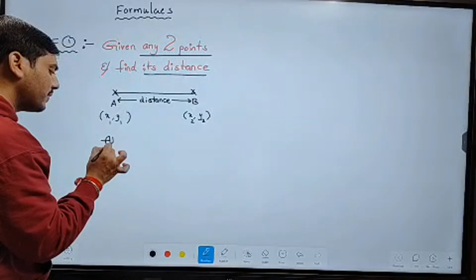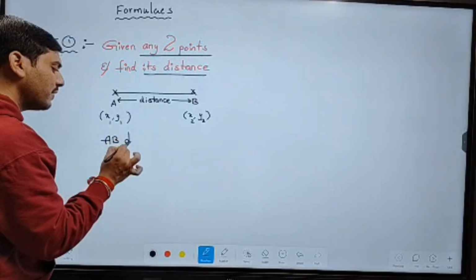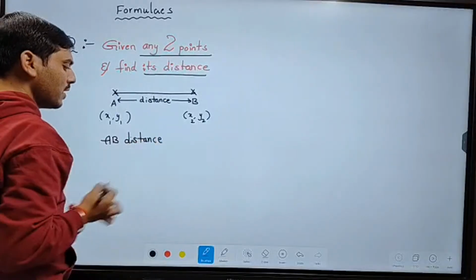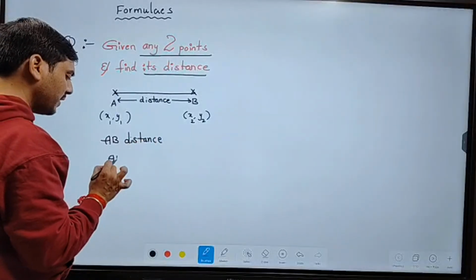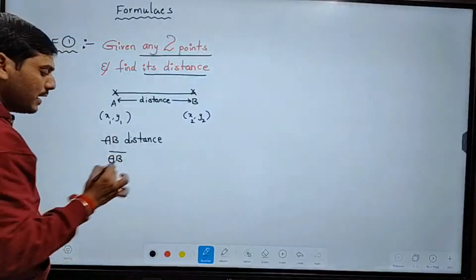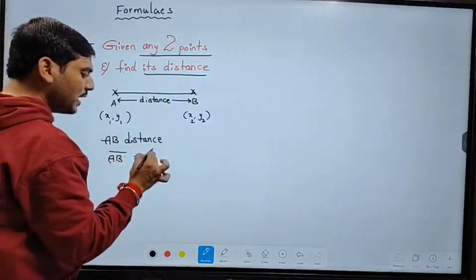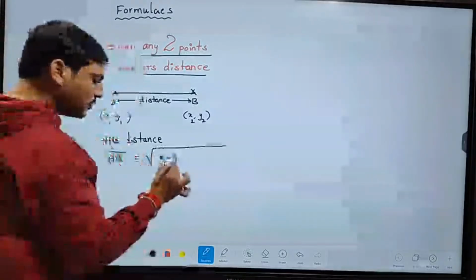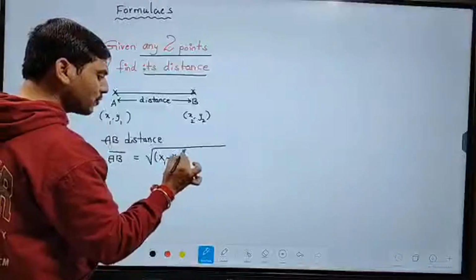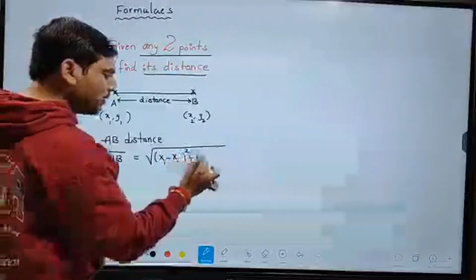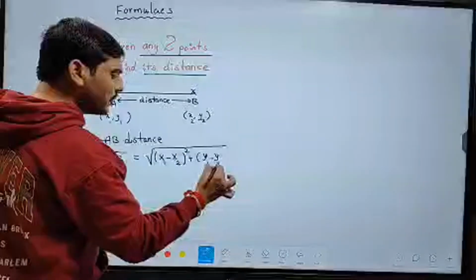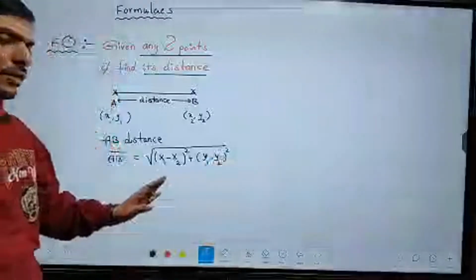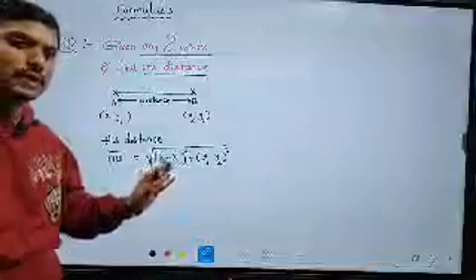The distance AB can be written as AB equal to the square root of (x1 minus x2) whole square plus (y1 minus y2) whole square. This is a very important major formula of coordinate geometry.